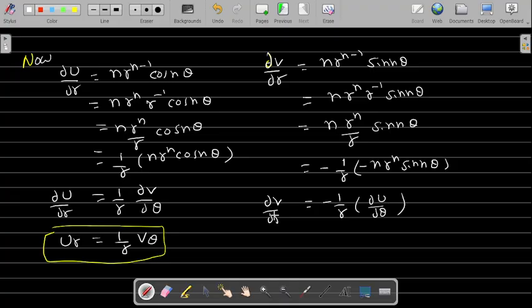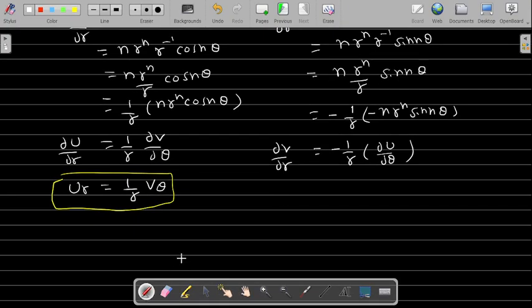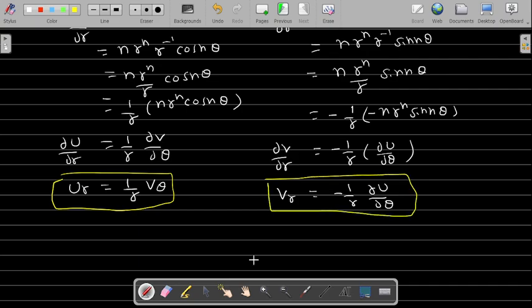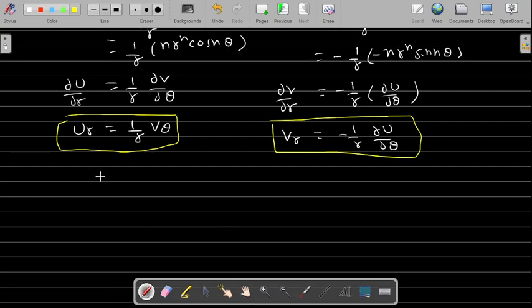Dou v by dou r. Therefore V_r is equal to minus 1 by r dou u by dou theta. So therefore the CR equations are satisfied.